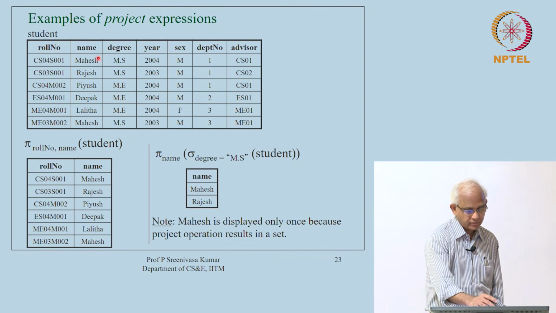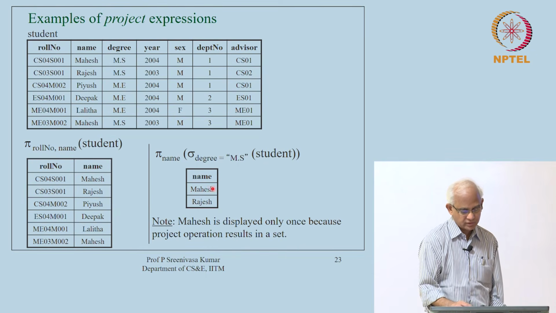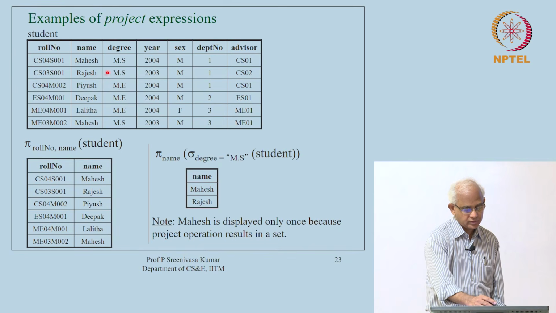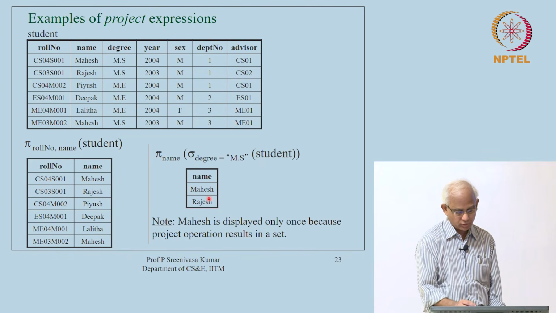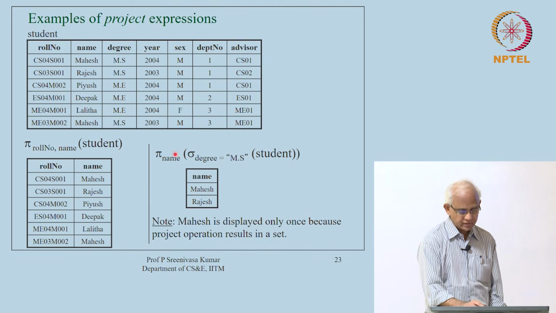So, now if you do that, then you will actually lose information, because only one Mahesh will exist and the other tuple contributes Rajesh, and that is it, you would have actually lost some information. So, you have to be careful about how to use it, but this just illustrates the idea that if you have a desired set of attributes and you project that, you get information corresponding to that.